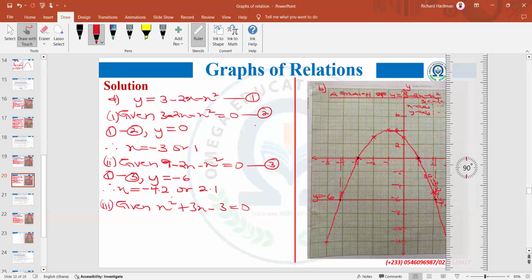So I get 3 minus 3x minus s squared is equal to 0. Is that clear?